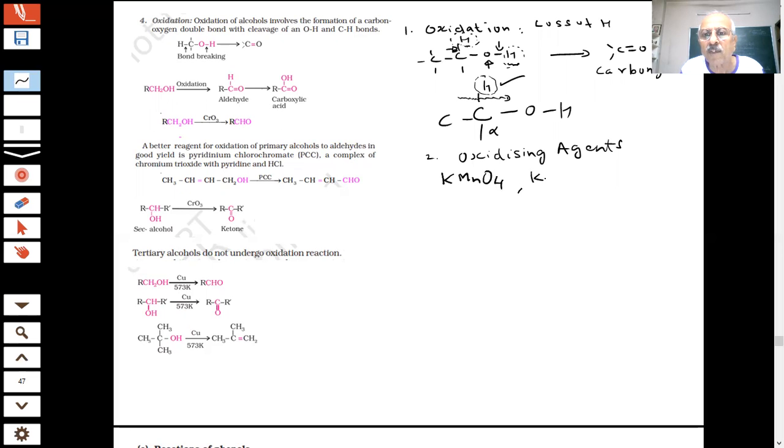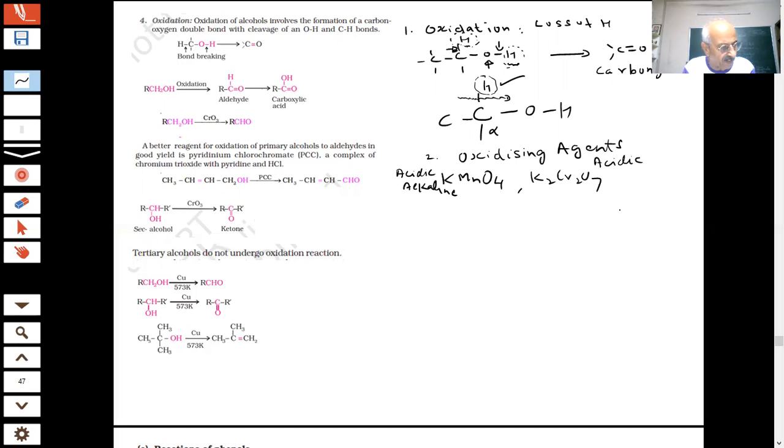You are aware of K2Cr2O7, students. These are some of the oxidizing agents which are used commonly in chemistry. You can use acidic or alkaline permanganate, or you can use acidic dichromate.